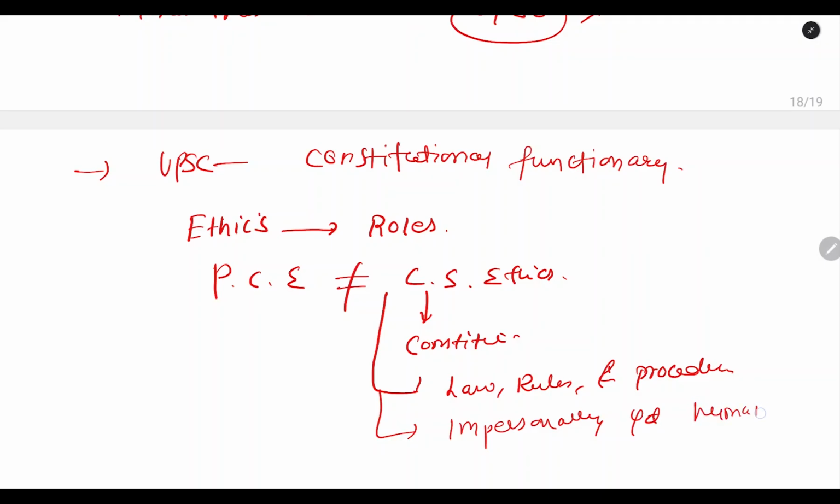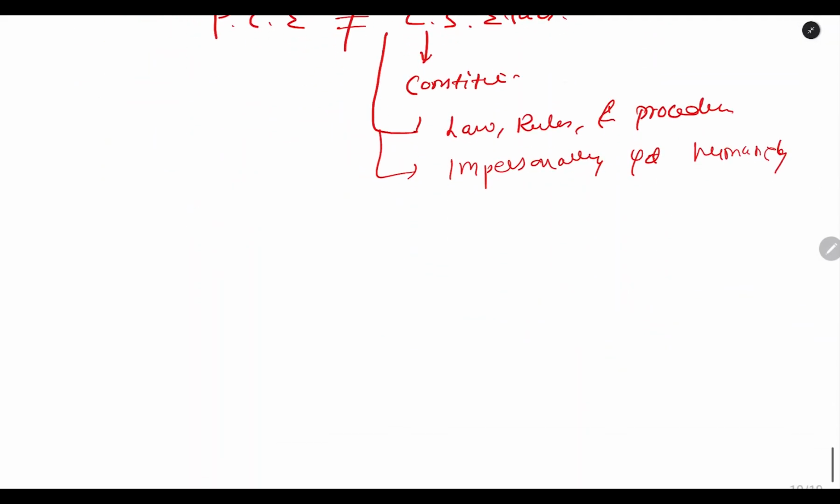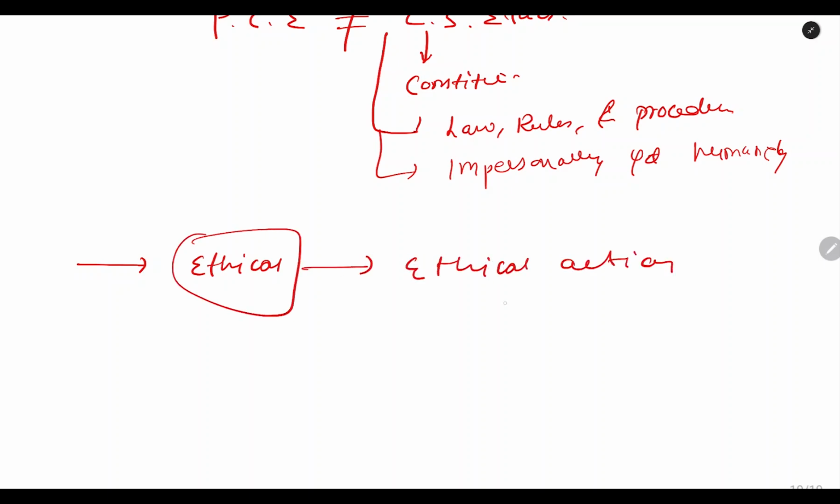This is the major aim that ethics expects. Therefore, ethical action must respect institutional legitimacy. The condition is that he should be ethical, but in this form: ethical actions must respect institutional legitimacy.